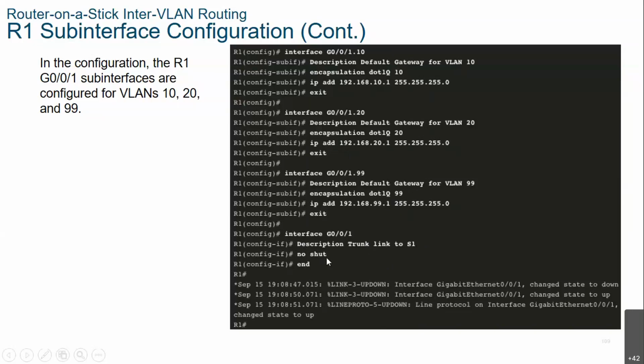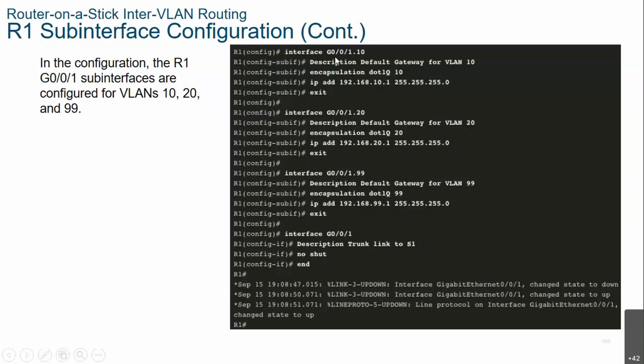Without the no shut, this interface will be inactive. All of this won't work. Okay, sort of like these are the kids. If the mother is not active, the kids will not be active as well. So this is how we create sub-interfaces in a physical interface on the router.